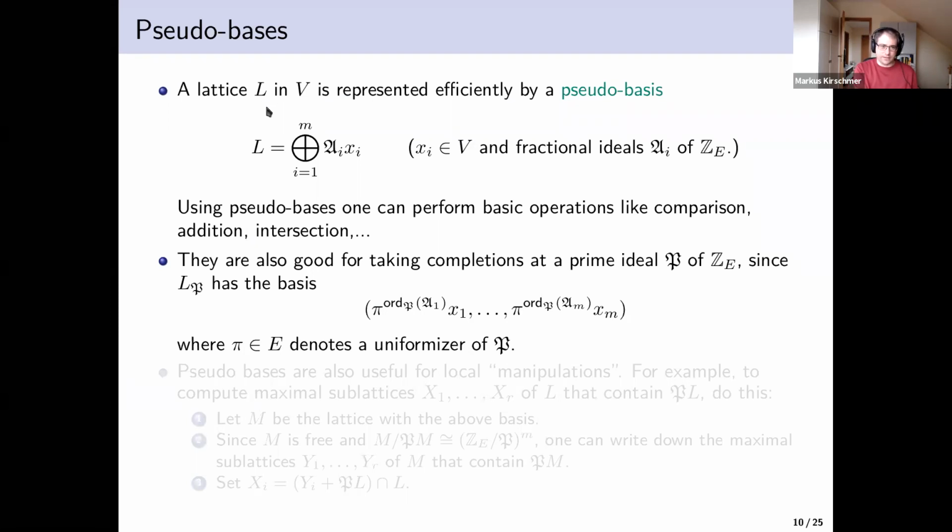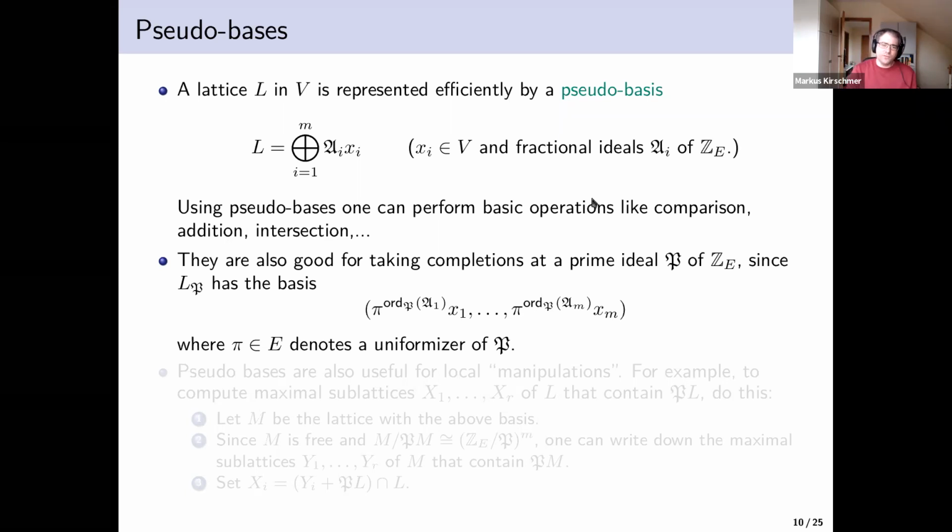So the lattice L must admit a decomposition of the form the direct sum of Ai xi, where the Ai are fractional ideals of E, and the xi form a basis of V. So m basis vectors x1 up to xm of V, and the fractional ideals A1 up to Am. And once you have such a pseudo-basis, you can perform all kinds of basic operations: you can compare lattices, add them, intersect them, take duals, and so on.